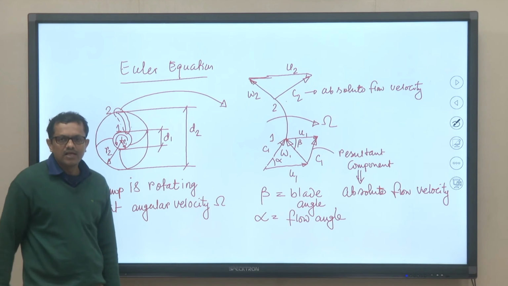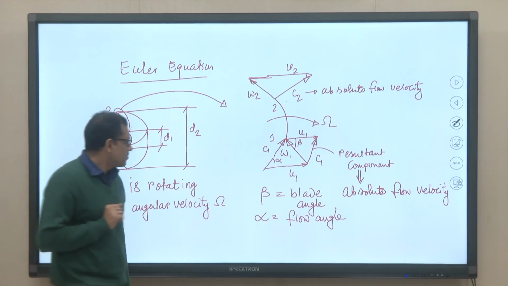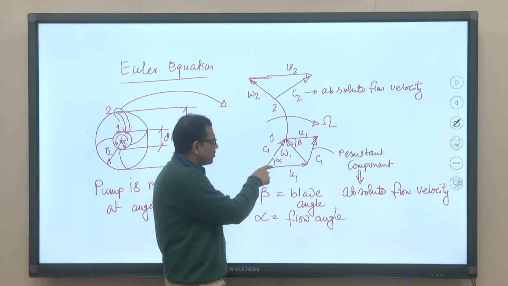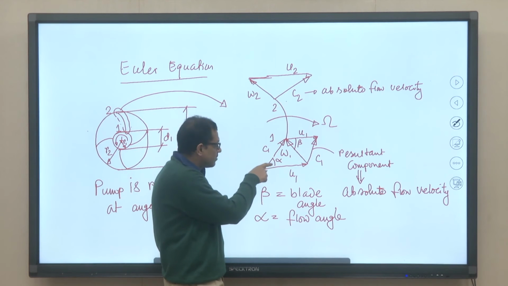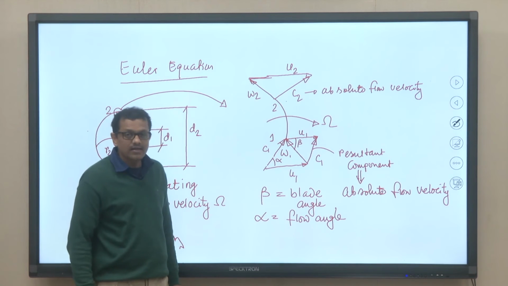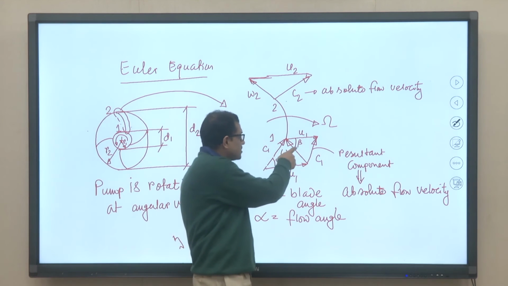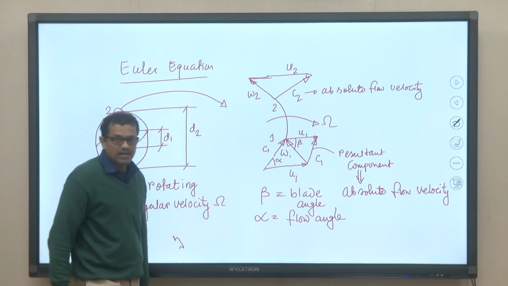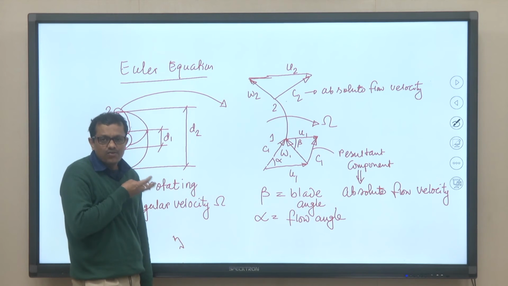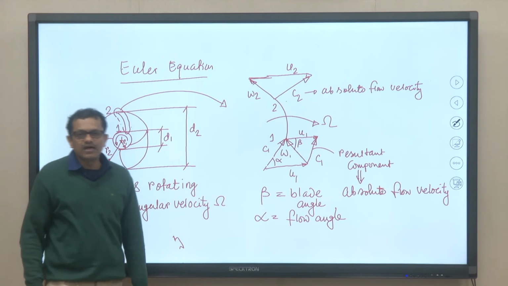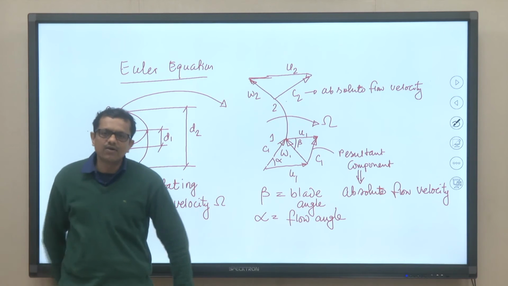For the time being, you should know that the absolute velocity makes an angle alpha with the tangential component, and that is known as the flow angle. The relative velocity makes an angle beta with the tangential component, and that is known as the blade angle. If I include suffix 1, those are the angles at the inlet. If we include suffix 2, those are the angles at the outlet.